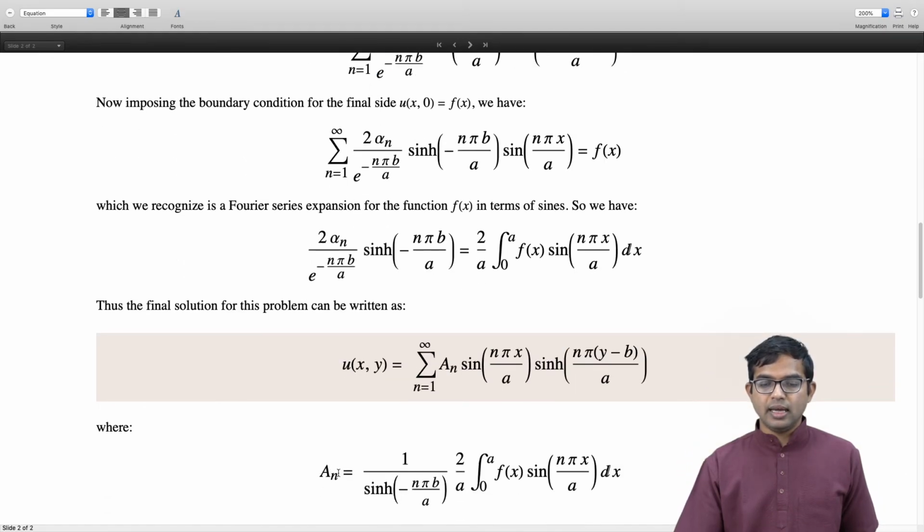In fact, An is given by 1 divided by hyperbolic sine of minus n pi b by a, times 2 by a times this integral from 0 to a of f of x sine of n pi x by a dx.